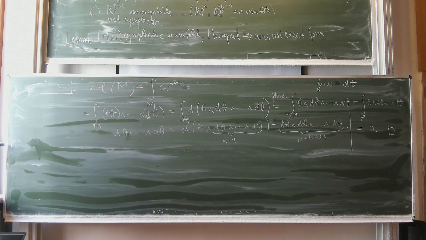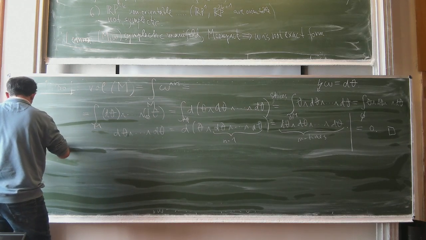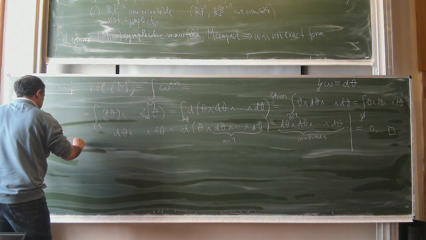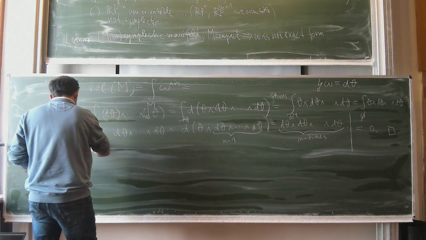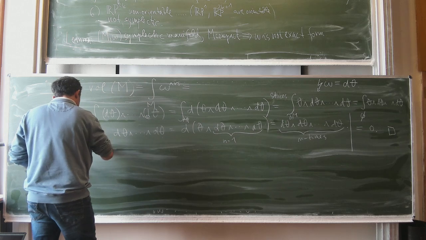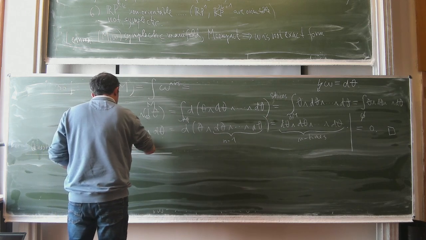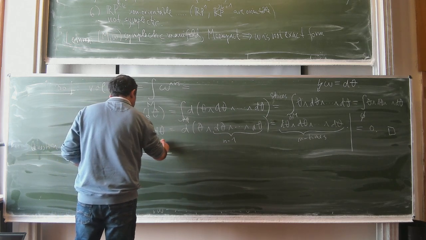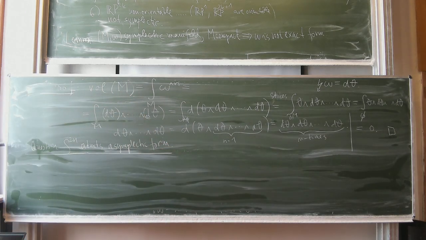So let us solve the question of spheres, not of the tori, but of spheres. Question: does S^2n admit a symplectic form, meaning is S^2n with omega a symplectic manifold?